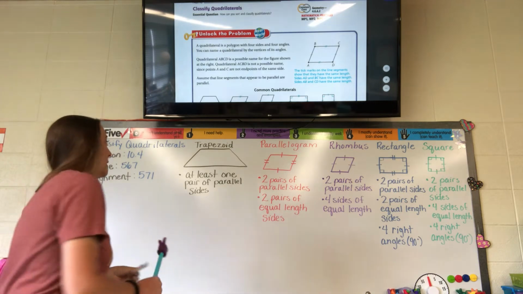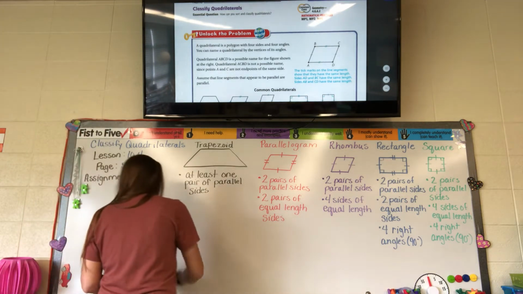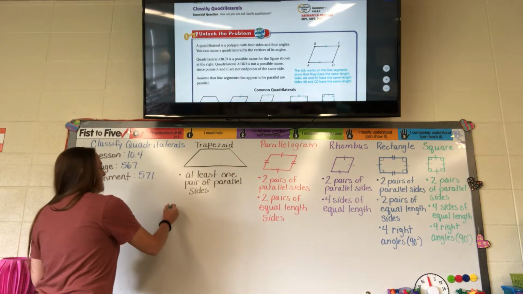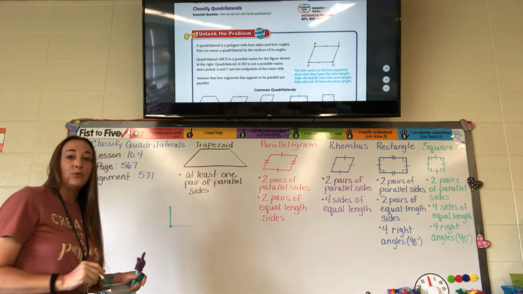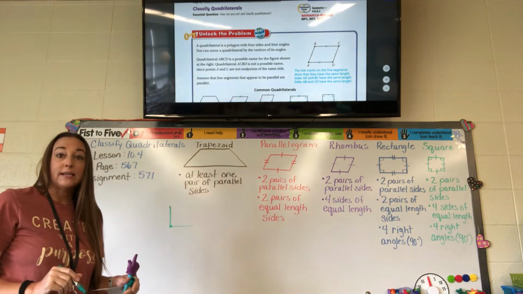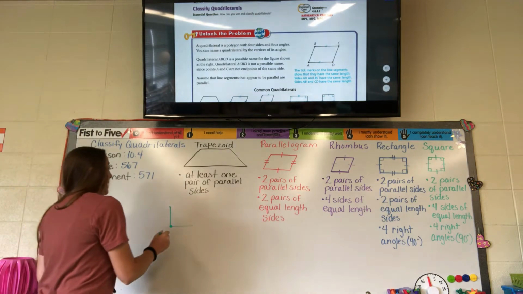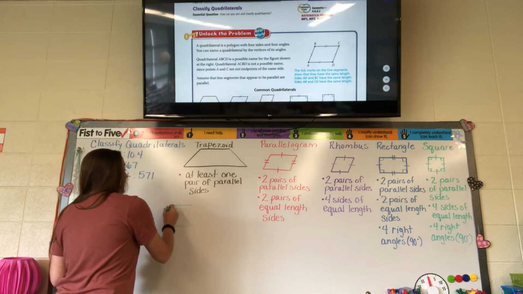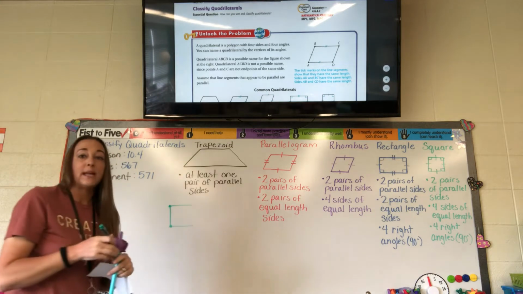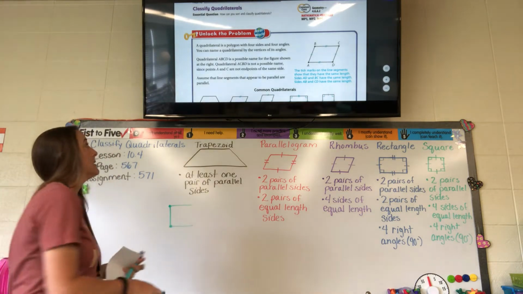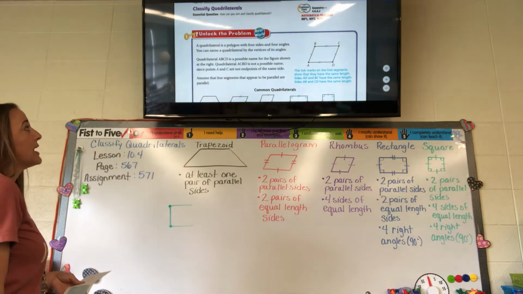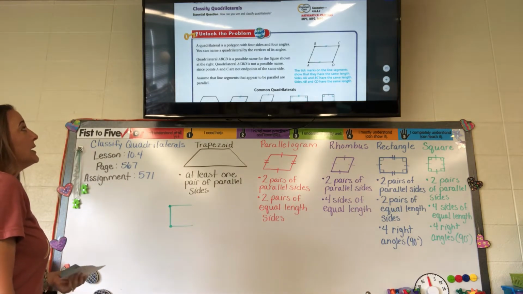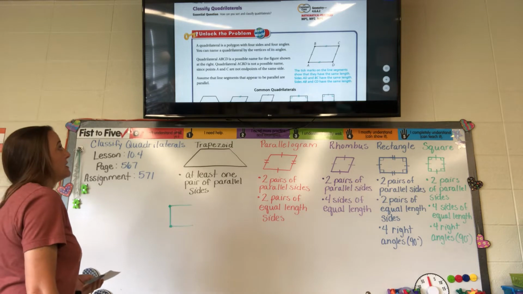Remember how we talked about before that a vertex is where 2 line segments or rays meet, and when you have more than one vertex point, they call them vertices. So again, a quadrilateral is a polygon with 4 sides and 4 angles, and you can name it by the vertices of its angles.